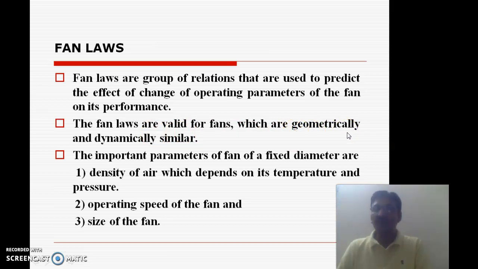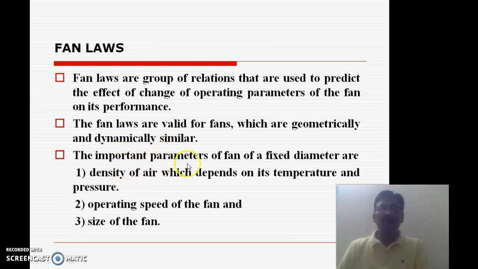Geometrically similar means you cannot use this fan law for backward curved fan and different types of inward curved fan. So geometrically it should be same. That's why these fan laws are valid only for geometrically and dynamically similar.